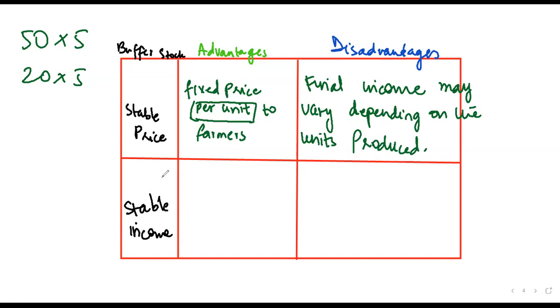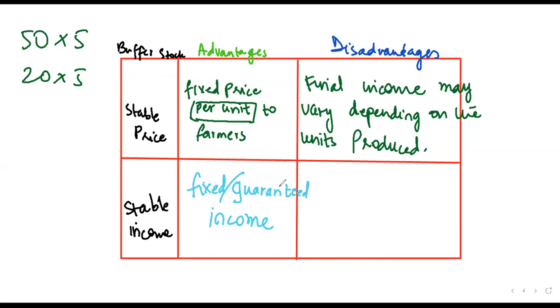Okay. In stable income, it's a fixed, guaranteed income, but the disadvantage is that supply may vary.